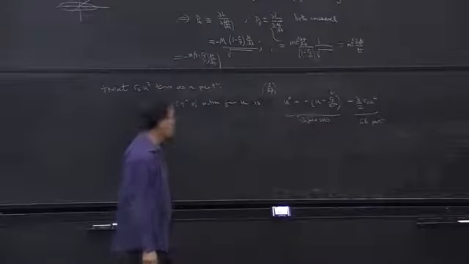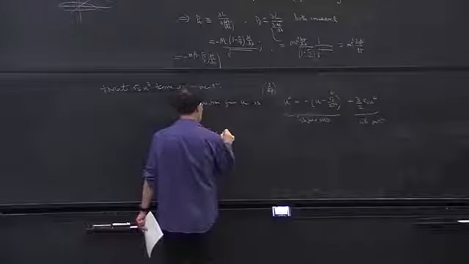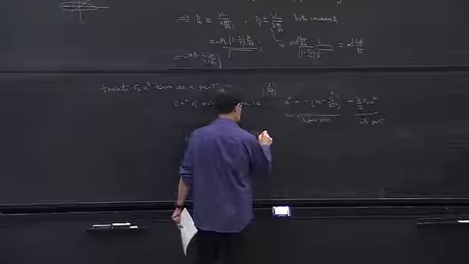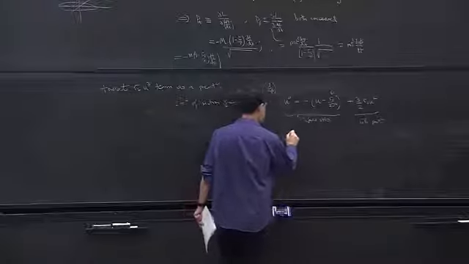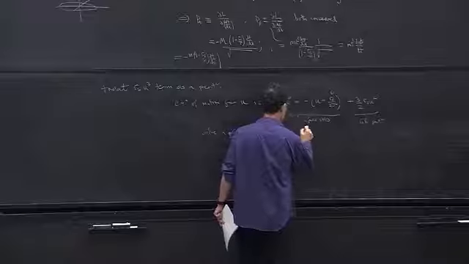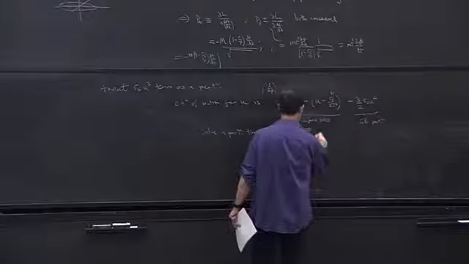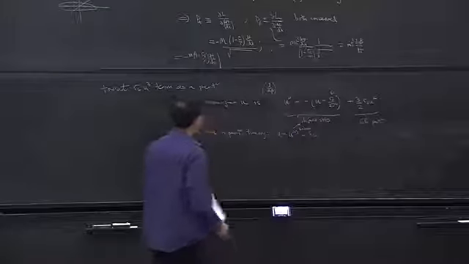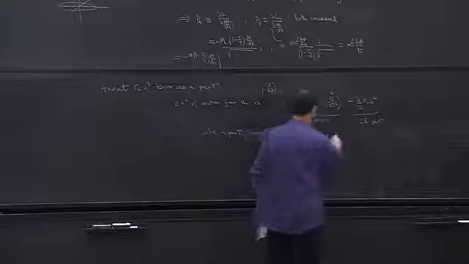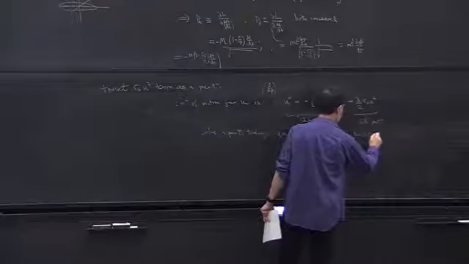So how do we solve this equation? We solve in perturbation theory. We say u equals u0, which solves this, plus delta u, and delta u is much less than u0, with delta u small.